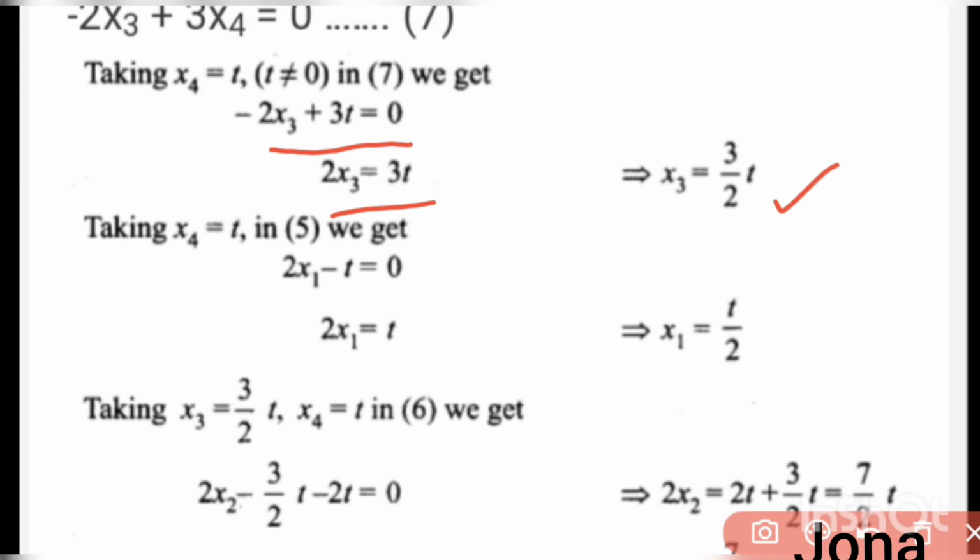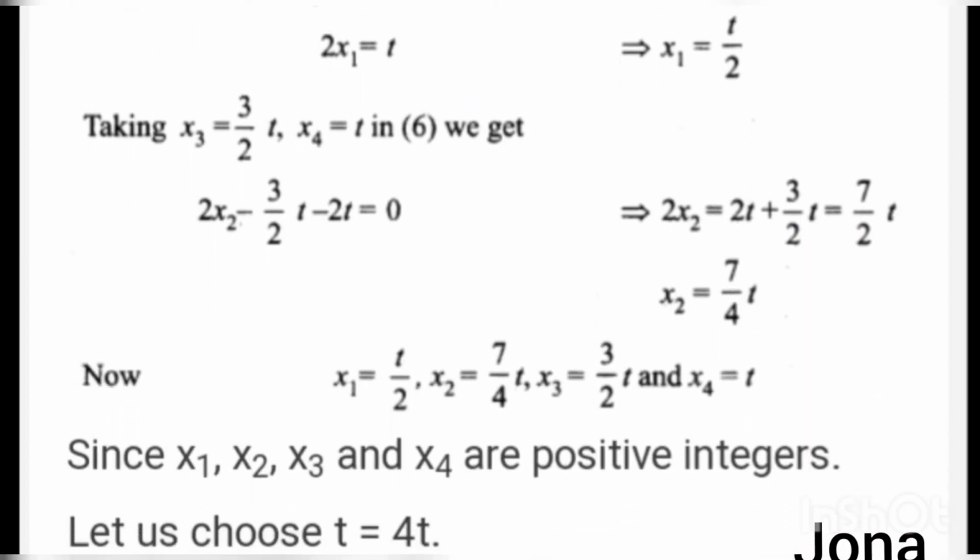Then substitute x4 equal to t in the first equation, so it becomes 2x1 minus t equal to 0, which gives 2x1 equal to t. Therefore x1 equals t by 2.